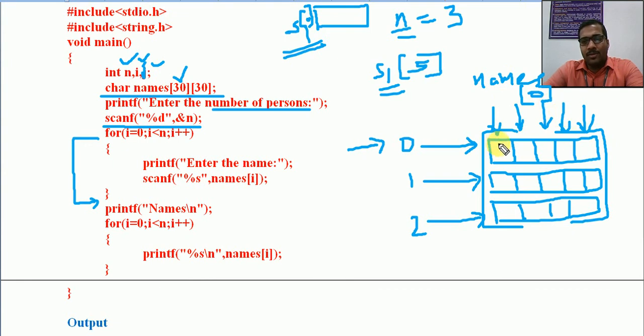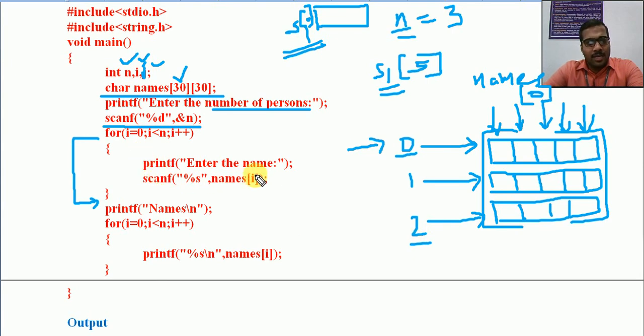Just get the row address, and then we can have the maximum number of characters added into the corresponding row. Hope it is clear. Let us see the loop, then it will be a little more clear. For i equal to 0, i less than n, n is 3, that means up to 2, just like a one-dimensional array.